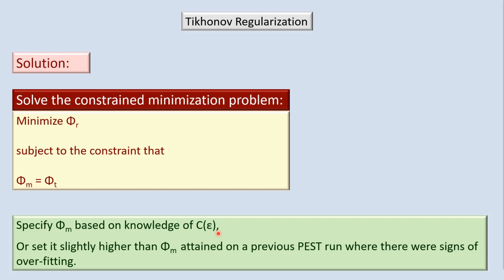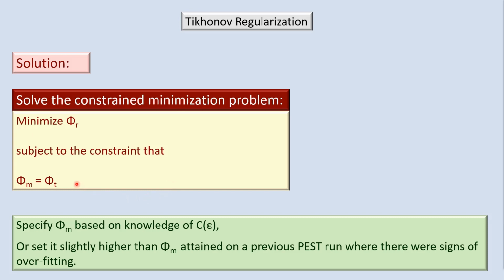More often than not, we'll get as good a fit which we can with the calibration data set, and then say, well, that's too good a fit. I now know how good an objective function I can get. I'll set my target measurement objective function, say 5% greater than that, undertake the inversion process again, and set my target accordingly.